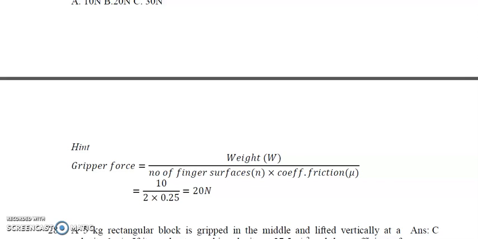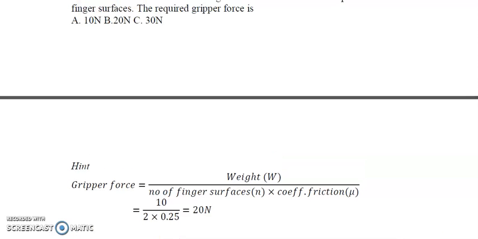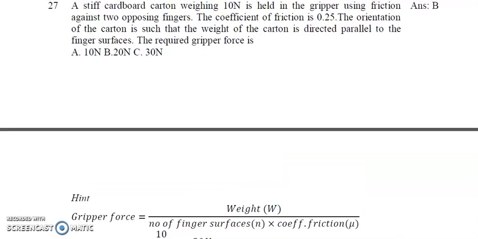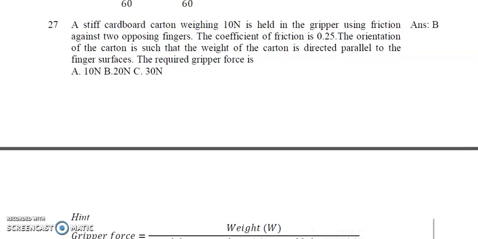So W, the weight, is 10 Newton, divided by number of friction surfaces, there are two finger surfaces, so 2 multiplied by the coefficient of friction, that is 0.25. So 10 by 0.5 is equal to 20 Newton. So the answer for the 27th question is B, 20 Newton.